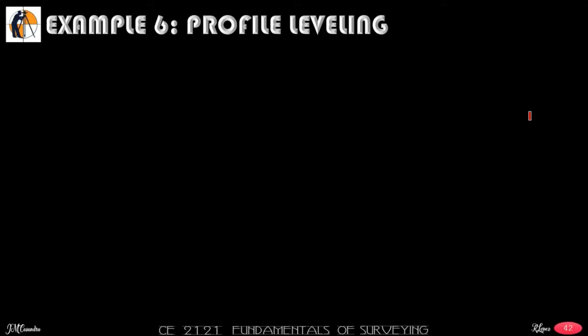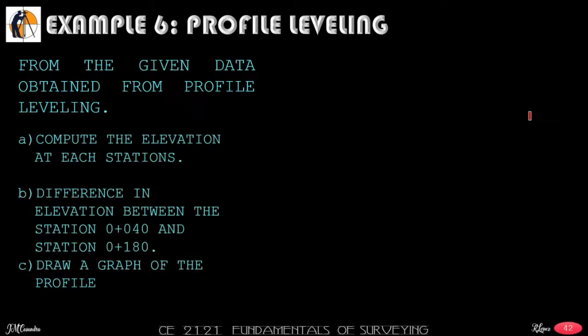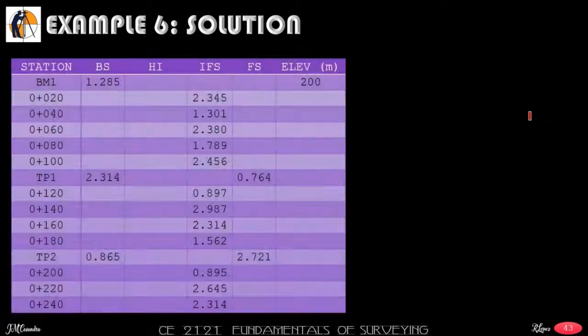So next problem, example number 6. From the given data obtained from profile leveling, compute the elevation for each station, the difference in elevation between station 0 plus 040 and station 0 plus 180, and draw a graph of the profile. So from this given, we now solve for our elevations by computing for our HI.